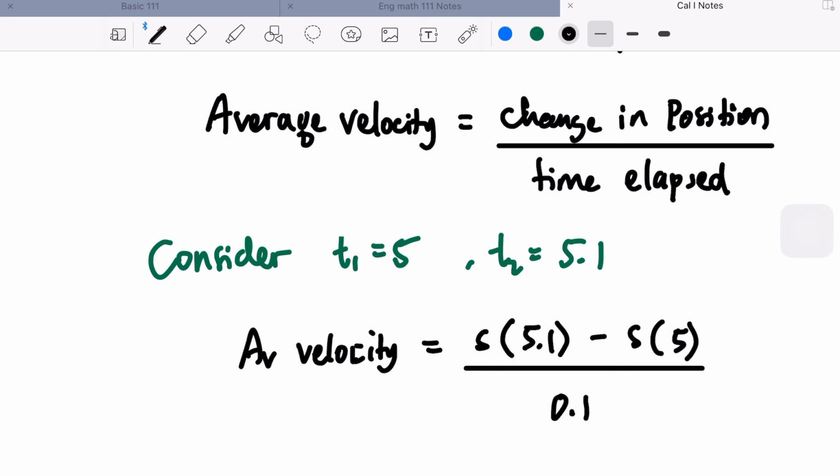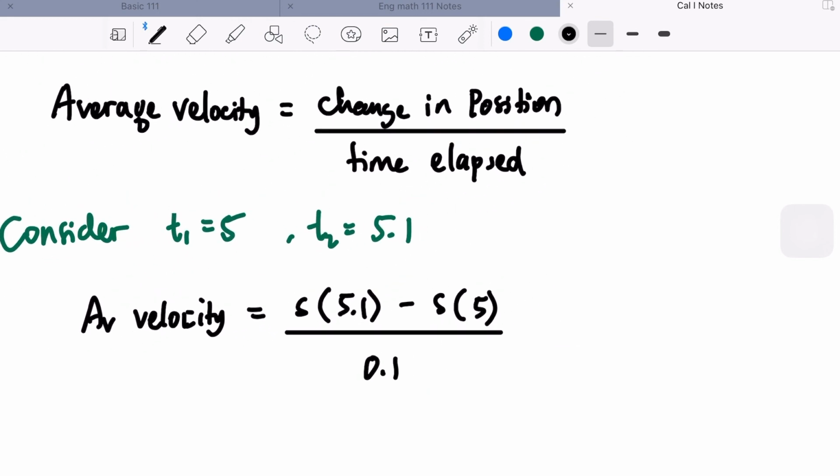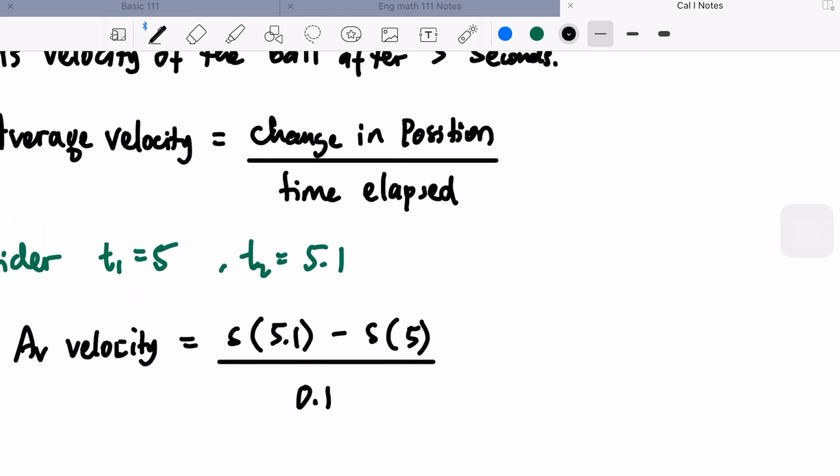And I forgot to mention, we also define from some experiments, it's Galileo's experiment.